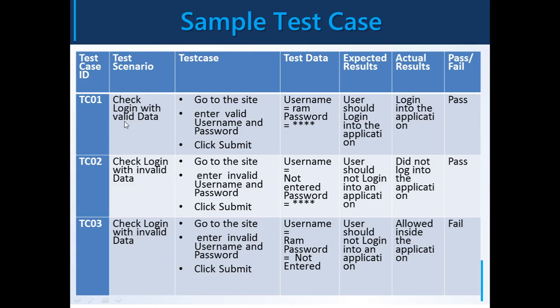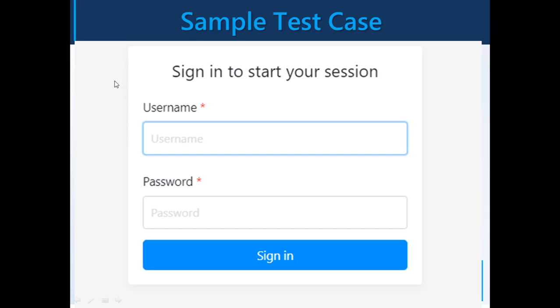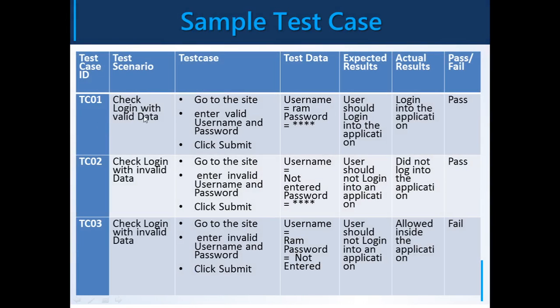So the test case ID is your unique ID, and the test scenario is the functionality you are checking. The test case steps are how to proceed with the test, and the test data is the precondition or input values necessary for performing the test.